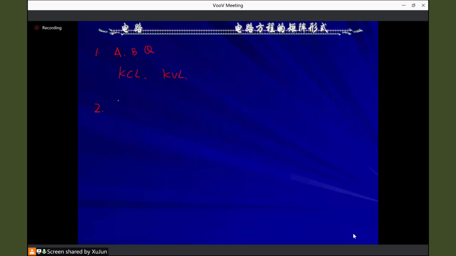And then we introduced how to express VCR. We defined the standard branch at first. For the standard branch, if we use the current to express voltage, we define the ZB. If we use the voltage to express current, we define the YB.